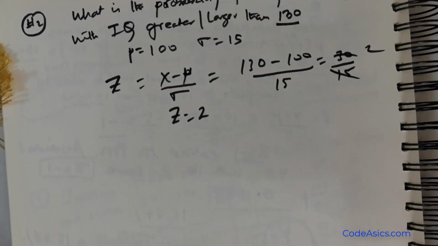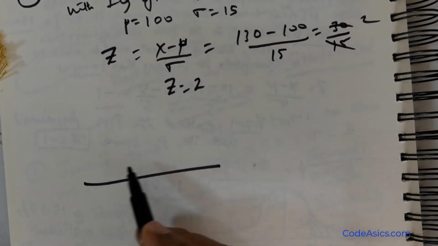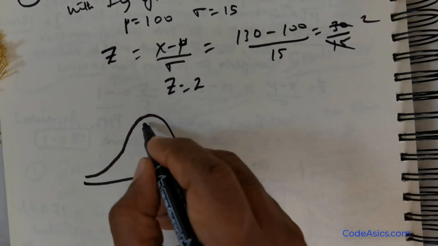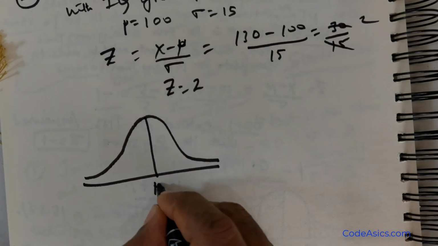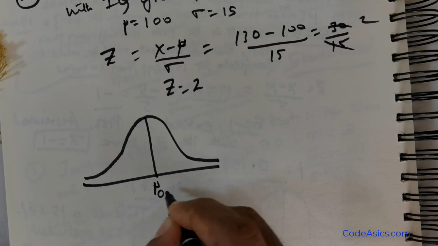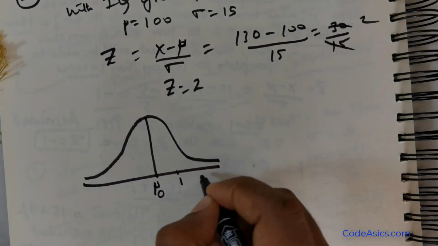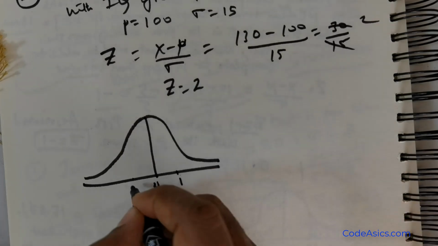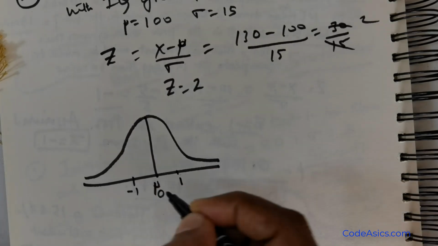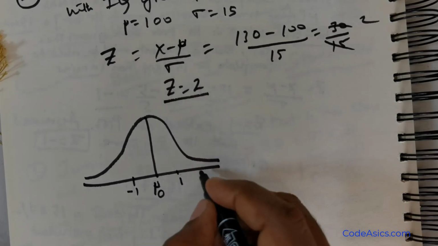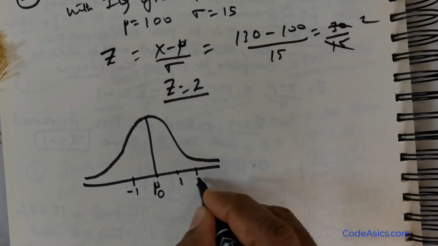So where does this 2 appear? So you draw the line and you draw the all important bell shape, and this is my mu. And this point z is 0, but over here it's positive 1, and so on it goes. Over here it's negative 1, and so on it goes. Now we are given z is equal to 2, so this is the point.